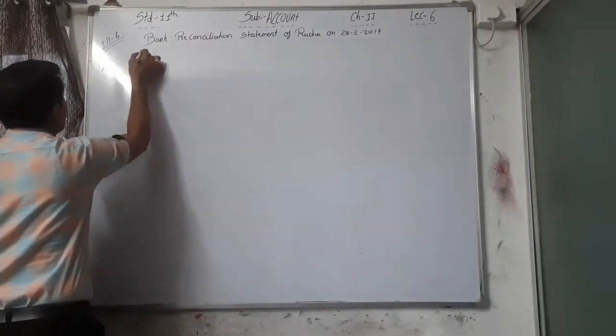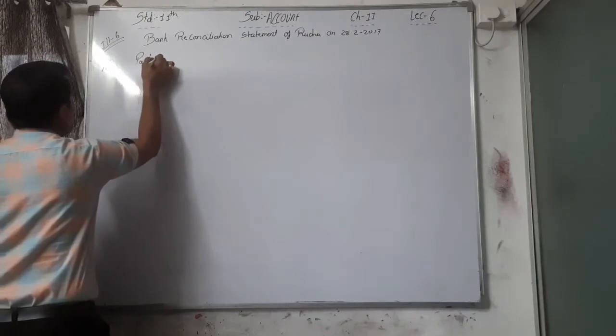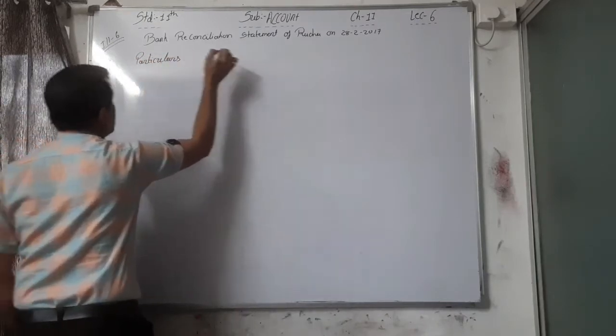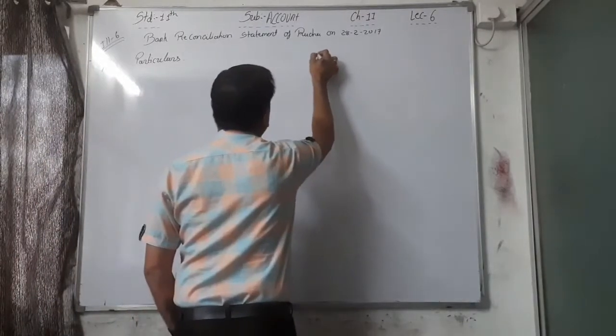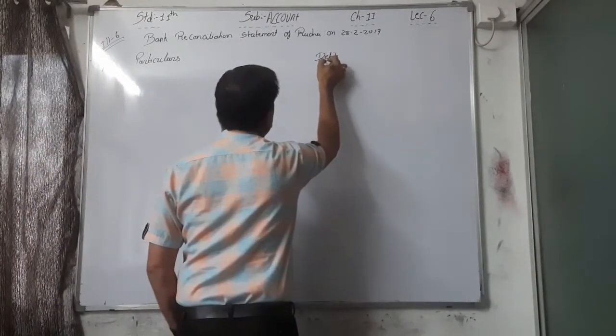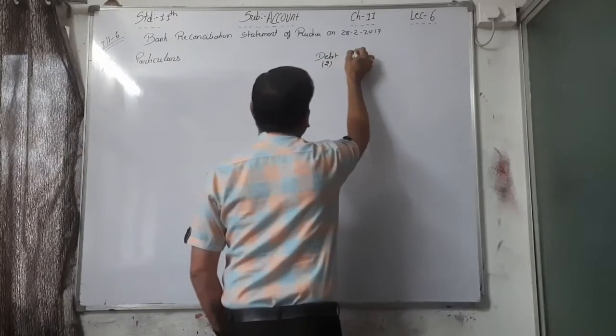Columns: serial number, particulars, debit rupees and credit rupees.